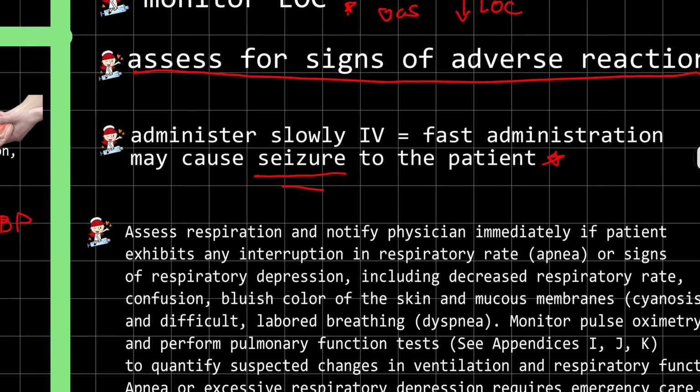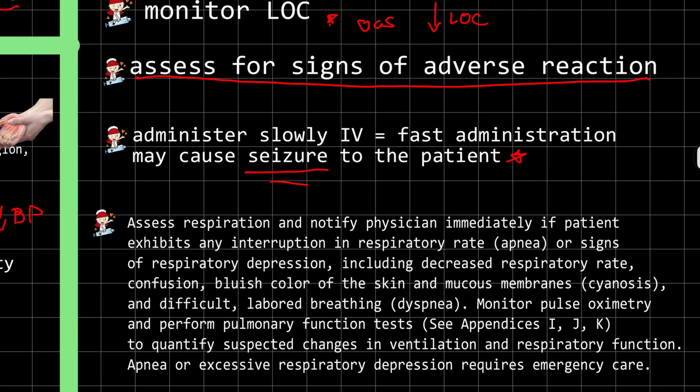Lastly, assess respiration and notify the physician immediately if the patient exhibits any interruption in respiratory rate or apnea, because again, this is one of the adverse reactions or signs of respiratory depression, including decreased respiratory rate, confusion, bluish color of the skin and mucous membrane, yung tinatawag nating cyanosis.